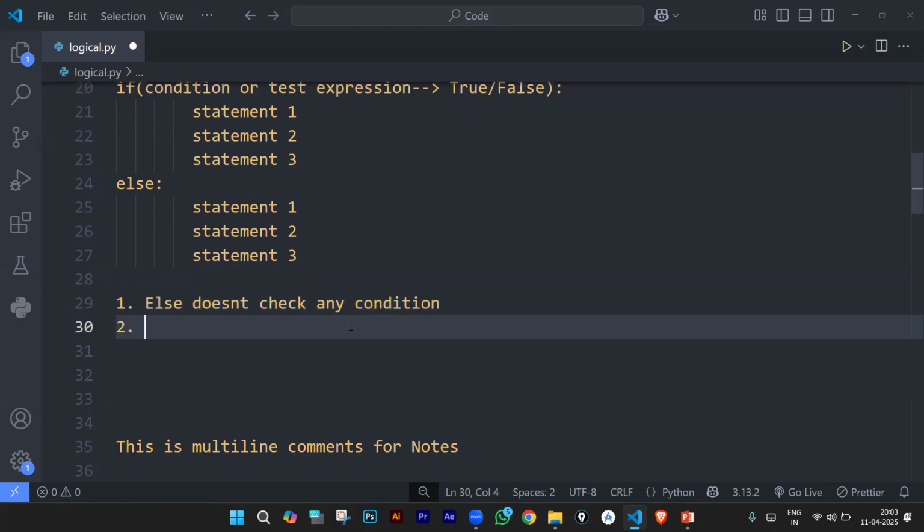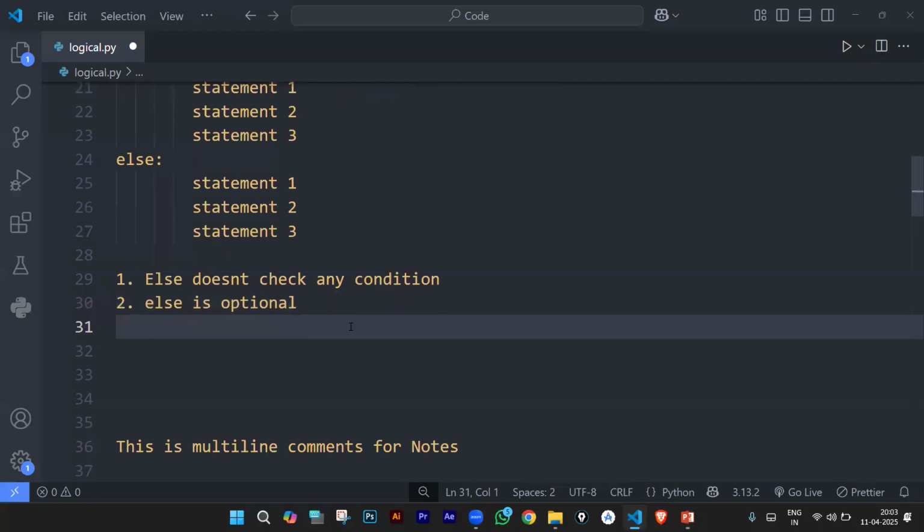Second statement, else is optional. Even if you write it or not, that doesn't matter. Third thing is, else is the default case. What is meant by default case?